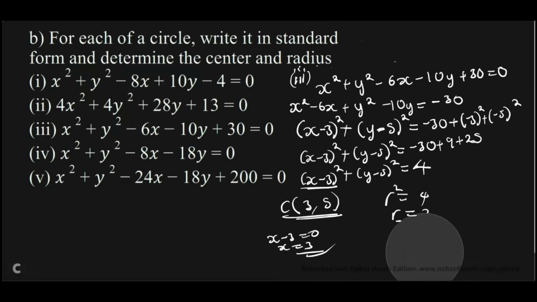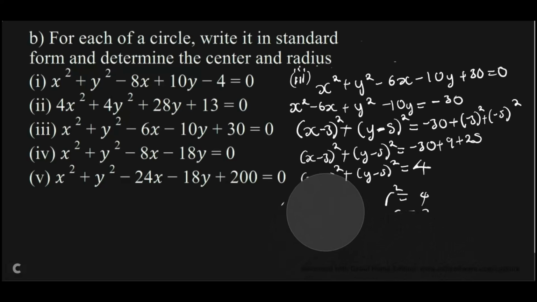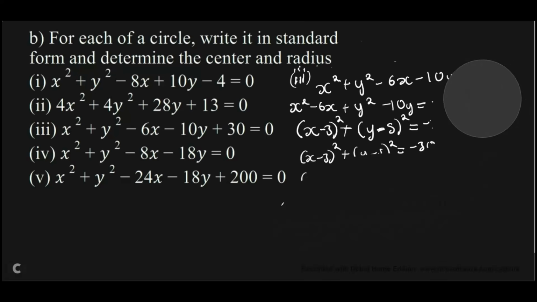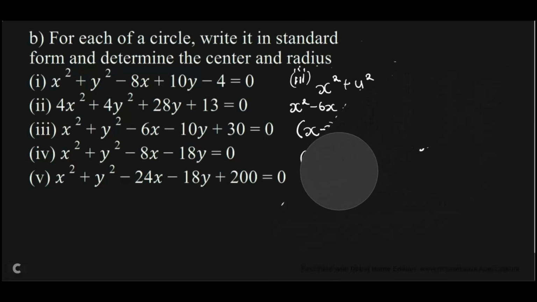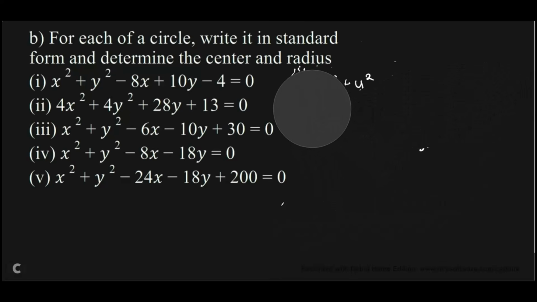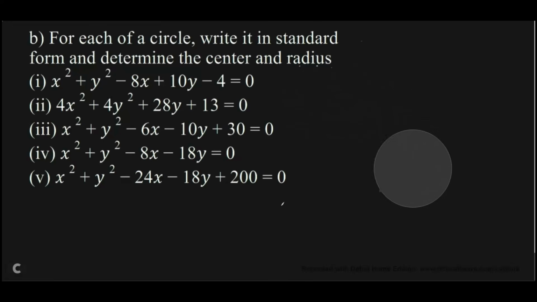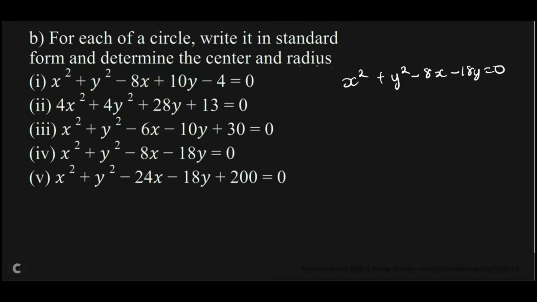Now let's go to question 4. When you're dealing with question 4, it's x squared plus y squared minus 8x minus 18y equal to 0. So in this situation, like terms together: x squared minus 8x, then plus y squared minus 18y equal to 0.